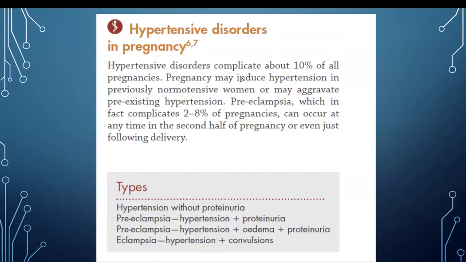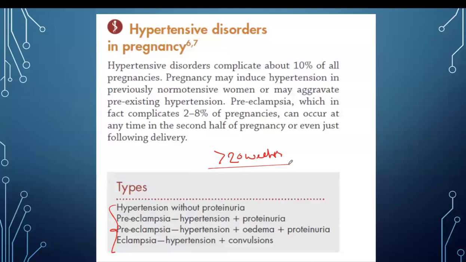Brilliant. So hypertensive disorders in pregnancy, we divide into multiple types. So there is gestational hypertension, where the patient gets hypertension after 20 weeks of pregnancy for the first time in her life.